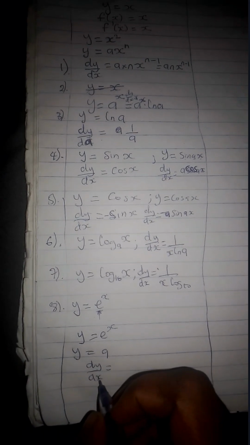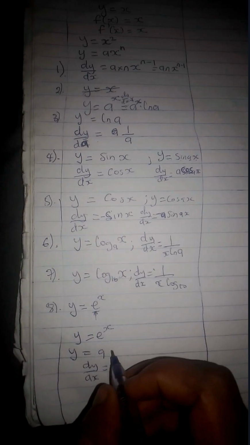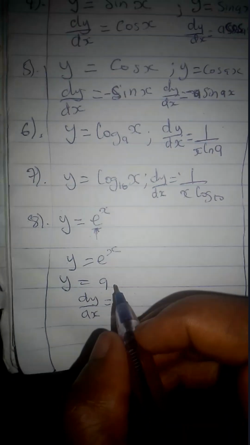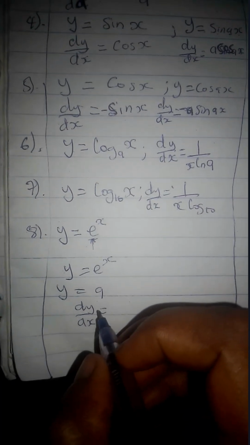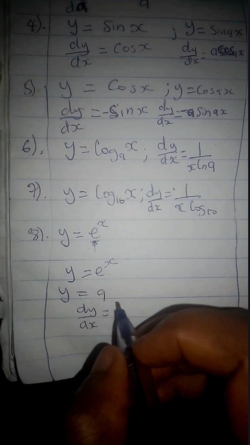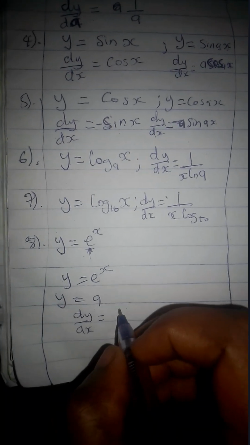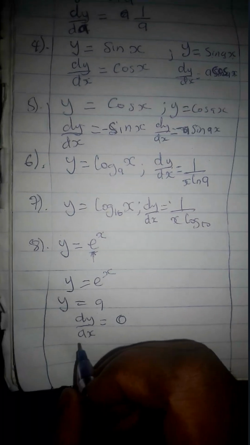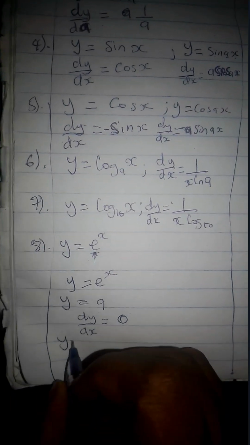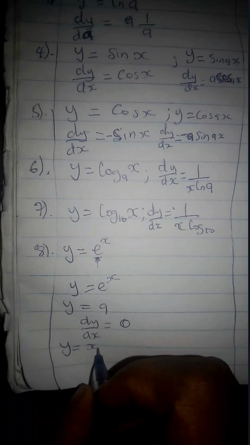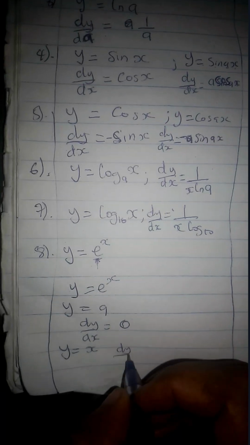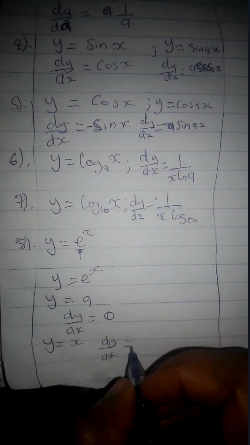They said find dy/dx, which means there's an invisible x that doesn't exist in this particular equation. So dy/dx is just telling us that this a is gone. The constant is gone, it just gives us 0. And if y is equal to only x, then dy/dx is going to give us 1.